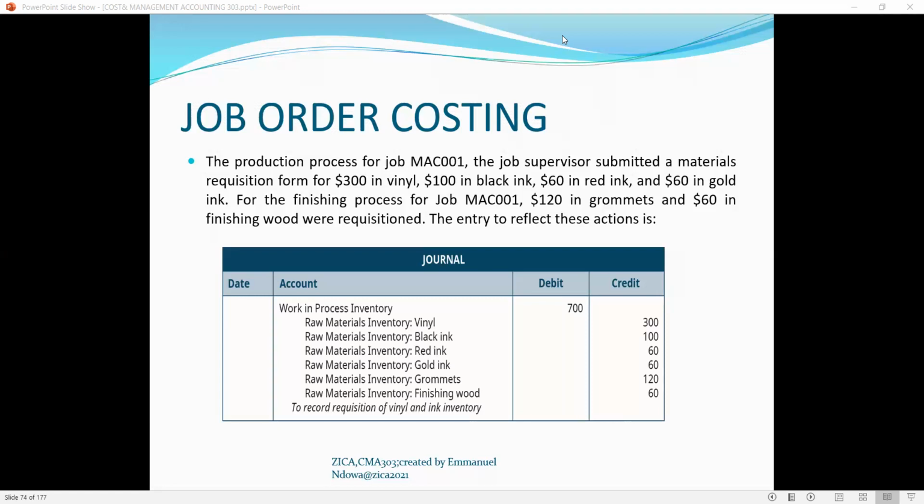So are we all in the picture of how we came up with our journal? Right, that's how we can be in a position to journalize.